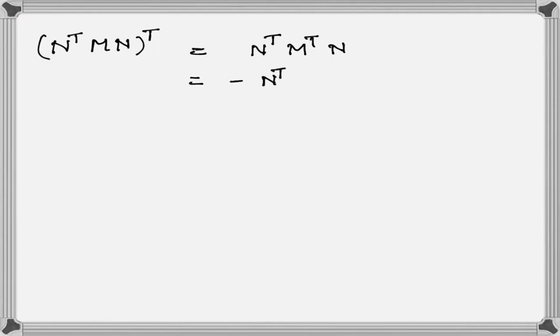We take N transpose M N and we take its transpose, and we know from the previous slide that this is nothing but N transpose M transpose N. Now in place of M transpose we write minus M, so this is nothing but minus N transpose M N. So this implies N transpose M N is a skew symmetric matrix.